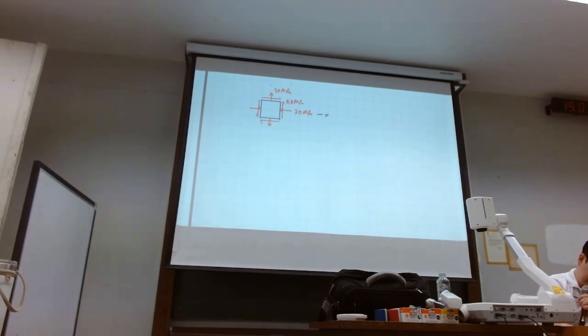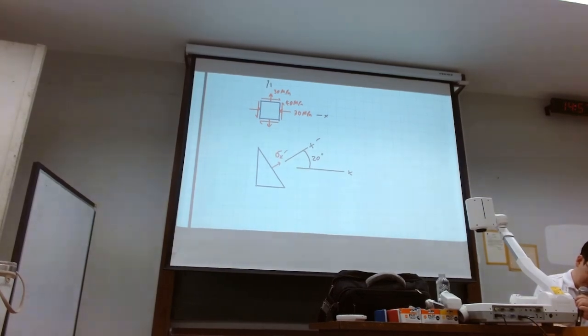This is X, this is Y. I'm blowing this up quite a lot. My question is, if this is an elevated angle of 20 degrees, what is sigma x prime? What is tau x prime y prime?